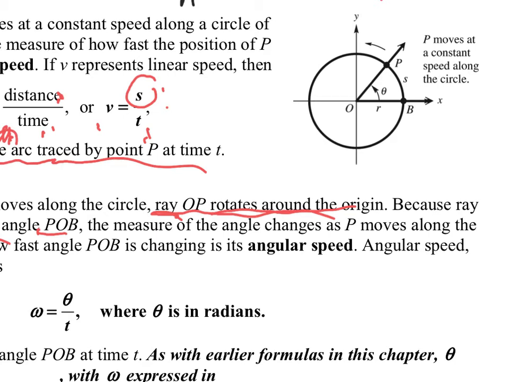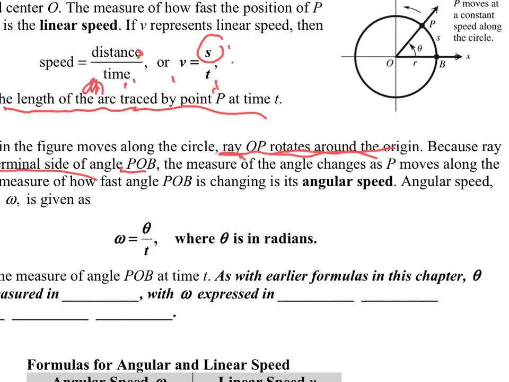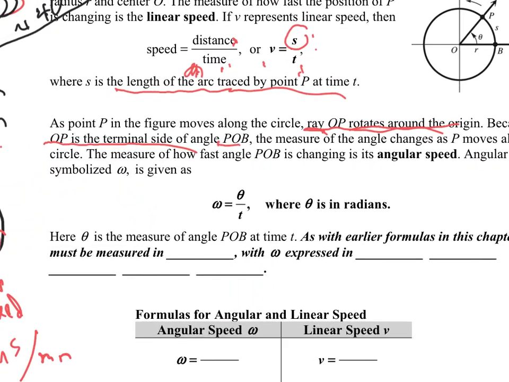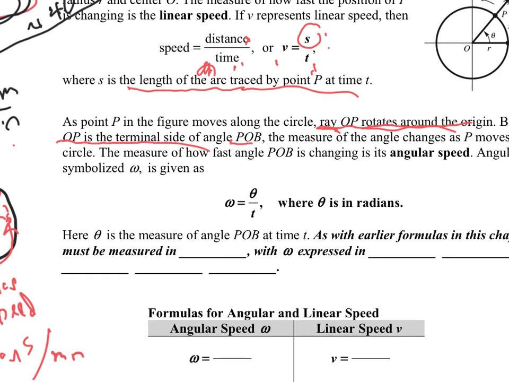We say the measure of the angle changes as P moves along the circle. How fast the angle POB is changing is called the angular speed. There's our symbol, we call that omega. Omega is how your angle is changing, not the arc, but literally how many radians per time. Theta is the measure of the angle POB at any time t.